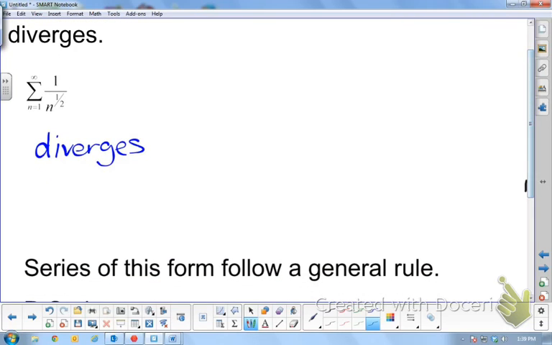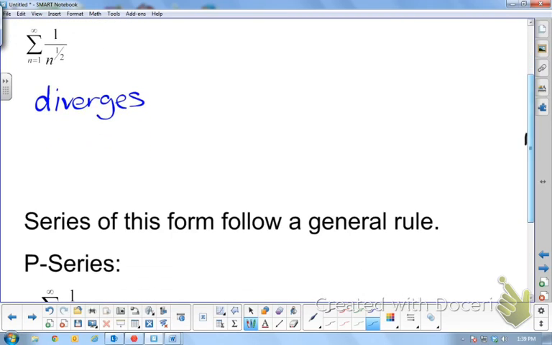Now, there is actually a pattern for this. Series of this form follow a general rule. Let's think about what we did so far. We did 1 over n to the 3/2, and it converged. We did 1 over n to the 1/2, and it diverged. What's the difference between those two?